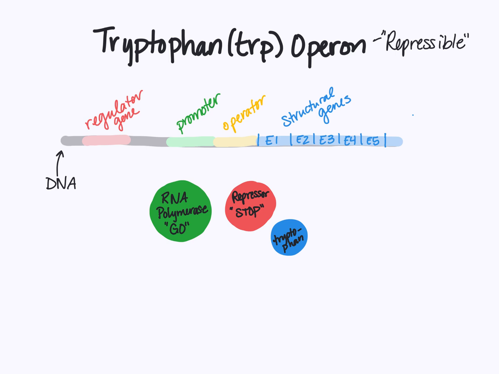So remember, we're looking at a strand of DNA in a chromosome, and there's an area where the regulator gene is, a promoter region where the RNA polymerase will attach, an operator region where a repressor may or may not attach, and then we have the structural genes. In the case of tryptophan, these structural genes code for the production of enzymes that will make the amino acid tryptophan.